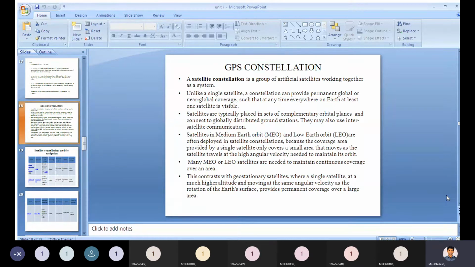They may also use inter-satellite communication.